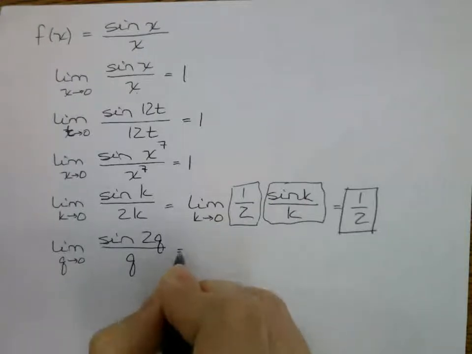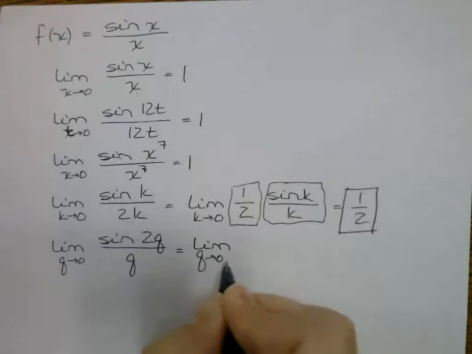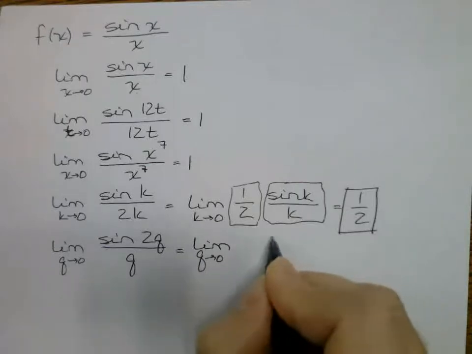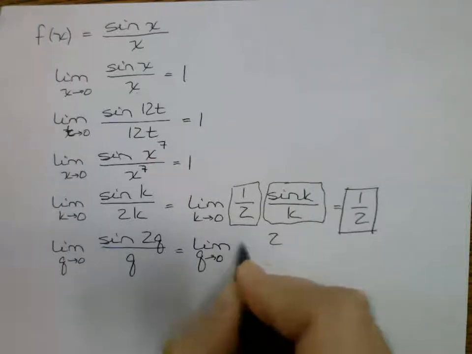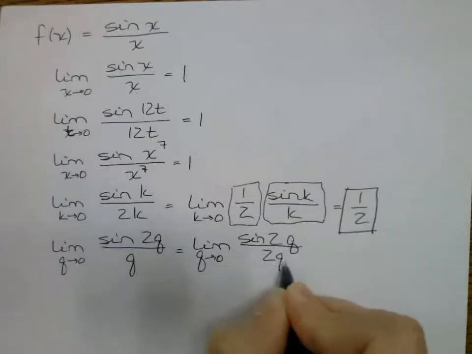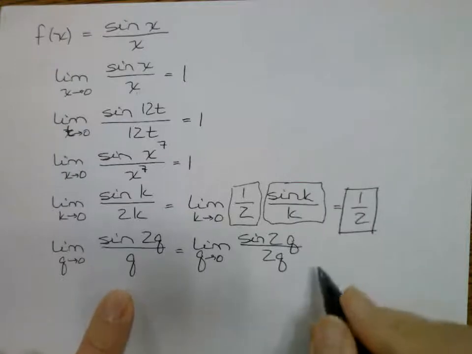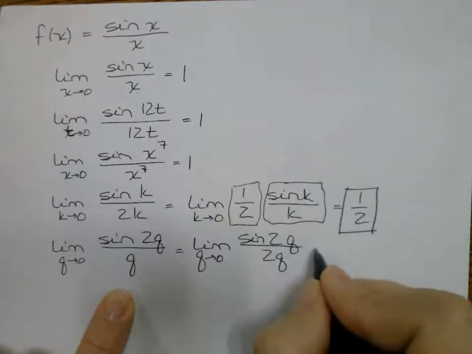Well, guess what I'm going to do? I'm going to put a 2 down here on the bottom. So I have sine of 2q over 2q, but now I've just changed the function, so I have to change it back because we can't change to a different function midstream here.